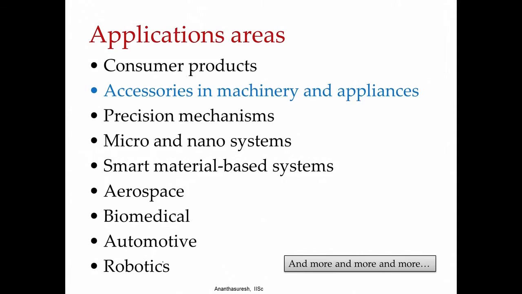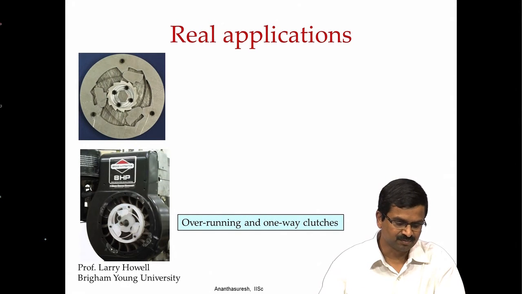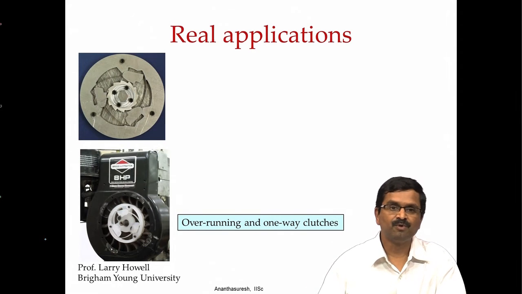If we come back to the list of applications that we have on the slides, there are also a lot of accessories in machinery and appliances. There are a lot of compliant mechanisms there. Here is one real application where Professor Larry Howell at Brigham Young University has applied it to a lawn mower.